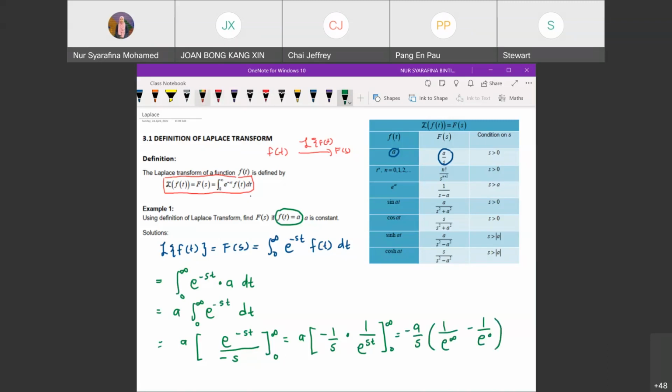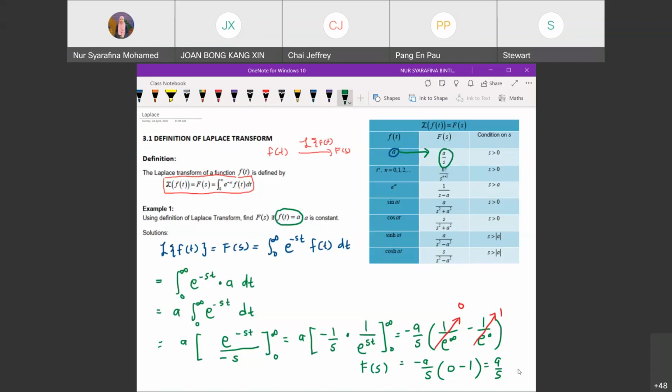This one is 0. This one becomes 1. So here we will have minus a over s times 0 minus 1, which gives you a over s. So this is your F(s). Okay, proven. So if your f(t) is a, then your F(s) is a over s.